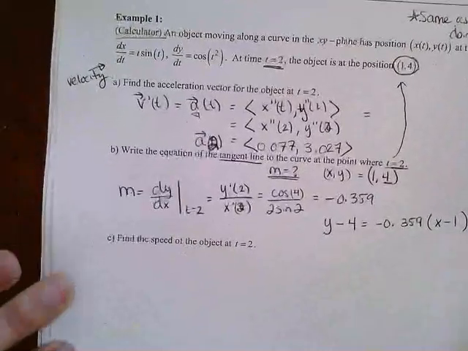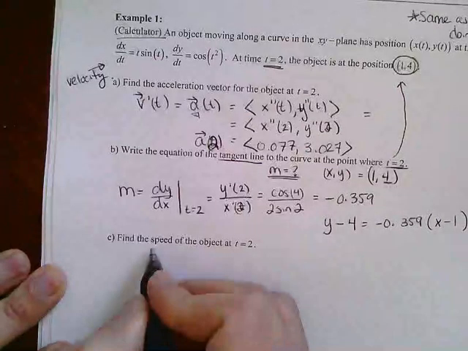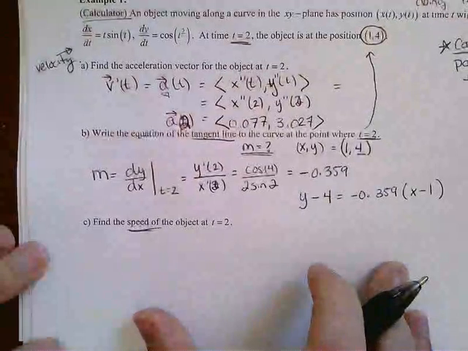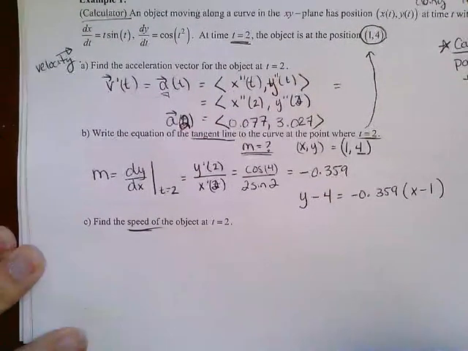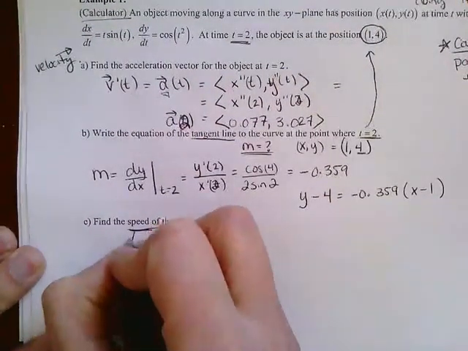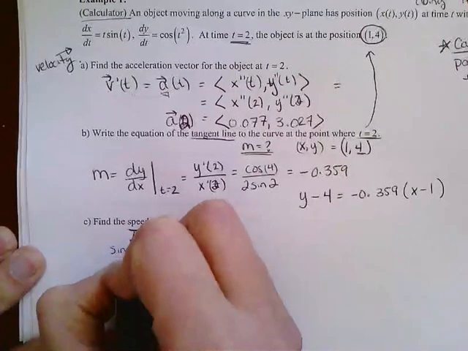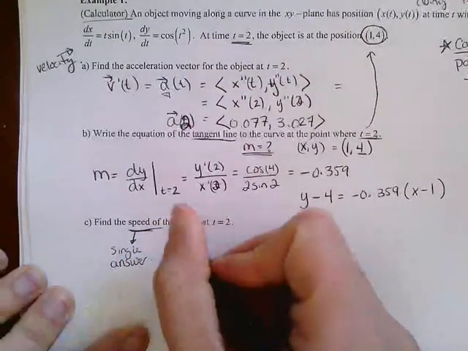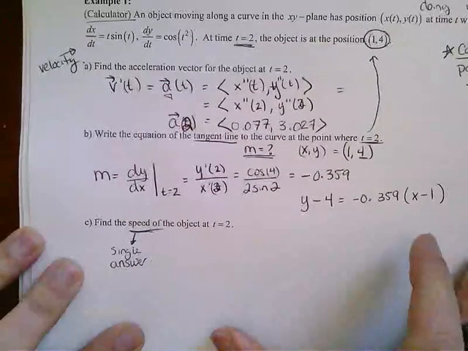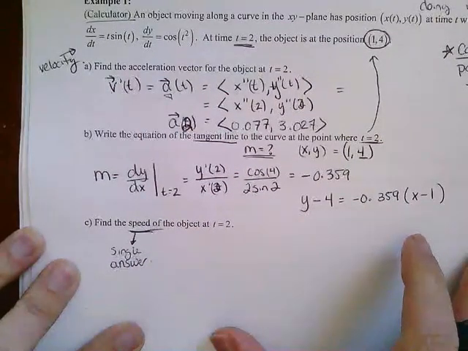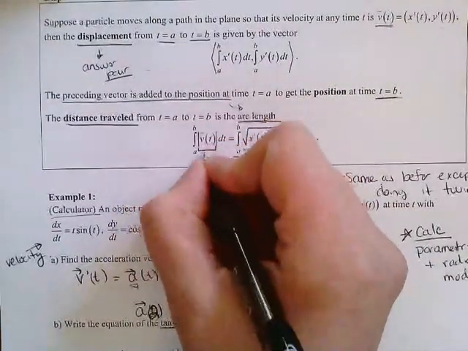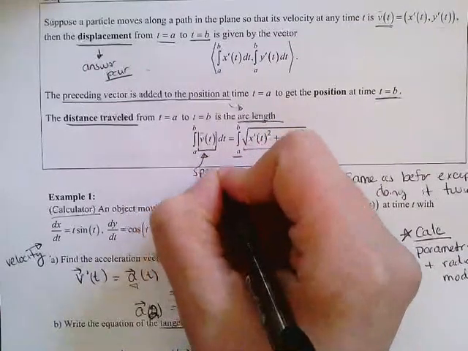Alright, now we want to find the speed of the object at t equals 2. So remember that the speed is a single answer. Basically to find the speed, which is right here, not the integral, that right there was our speed.